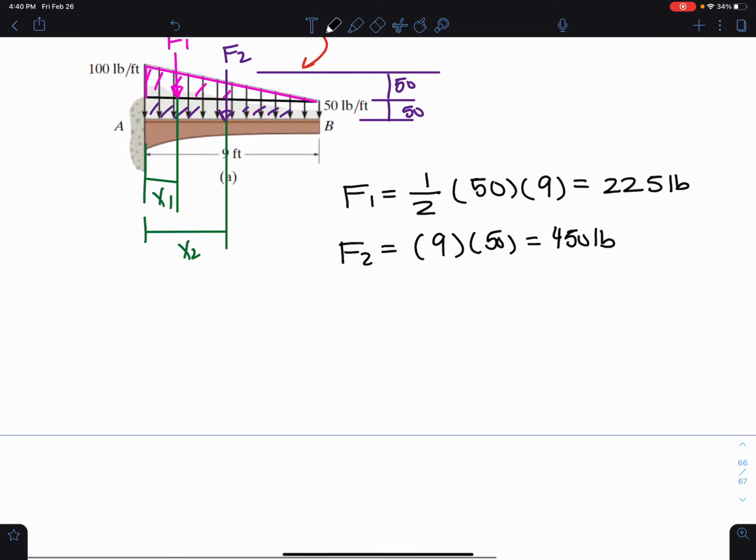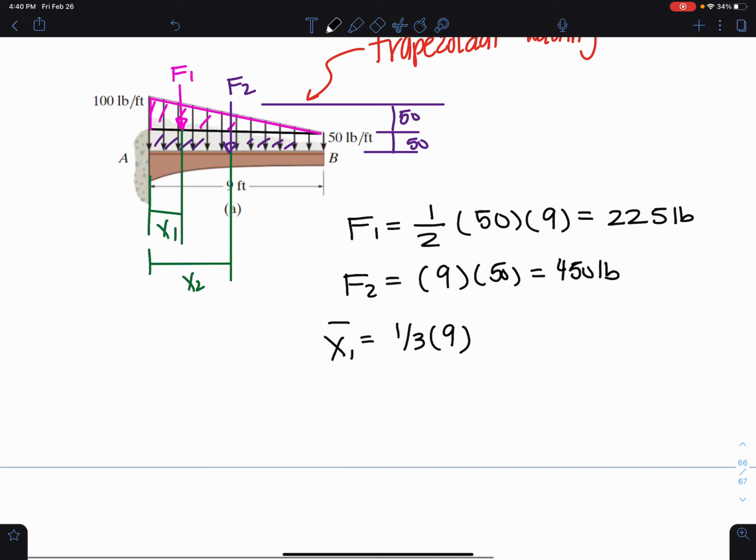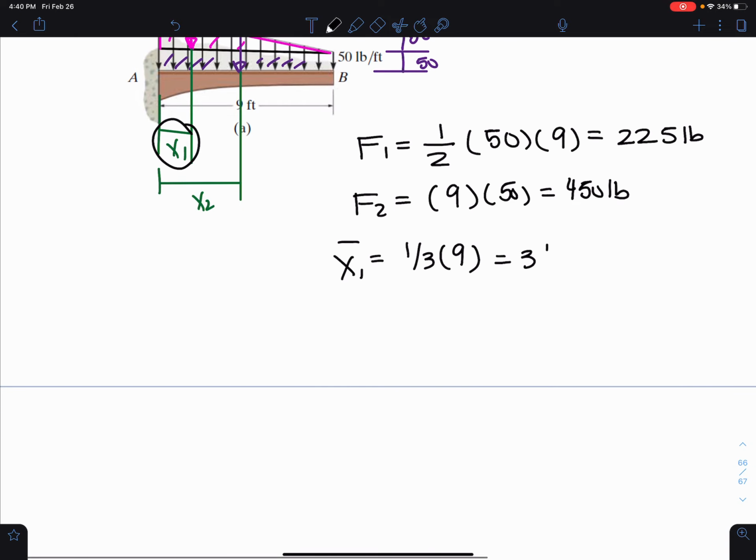How do I get the geometric center of a triangle? It acts a third away from the highest point. So this length here, x1, has to be 1/3 of 9. That's always going to be my geometric center for a triangle. And the geometric center for a rectangle is exactly half.